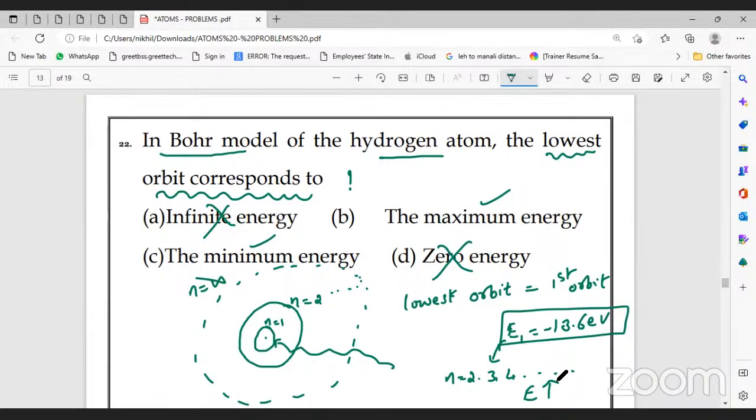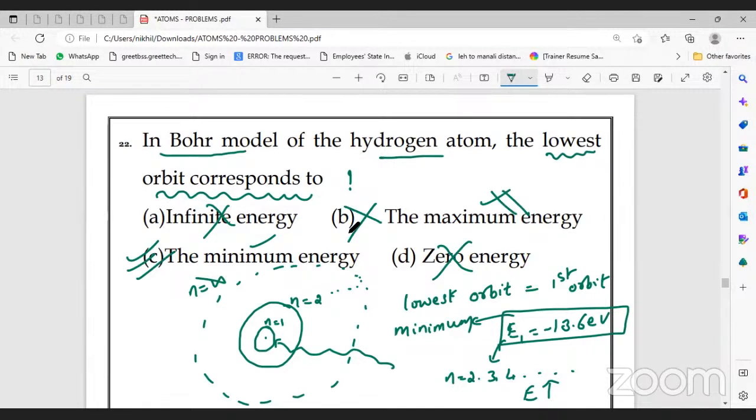So if the orbit number increases, the energy value increases. Then in which orbit the energy will be minimum? This itself is the minimum energy, right? So the lowest orbit corresponds to the minimum energy actually. This is ruled out.